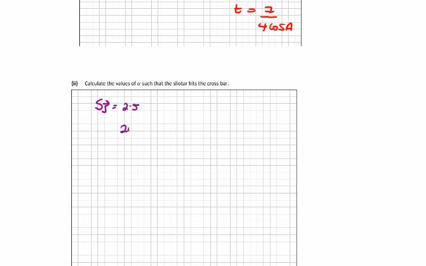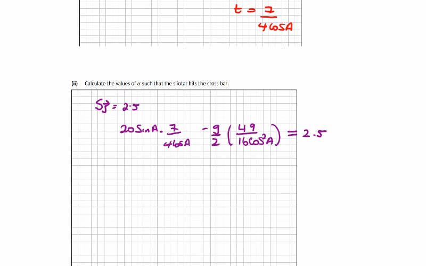So ut, 20 sin α times t, which is 7 over 4 cos α, plus a half at squared, so that's minus g over 2, minus a half g t squared, which will be 49 over 16 cos squared α, will be equal to 2.5.